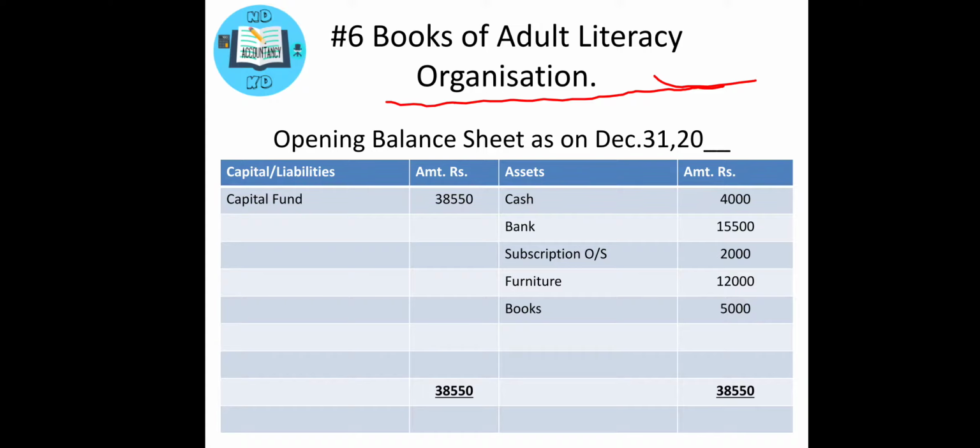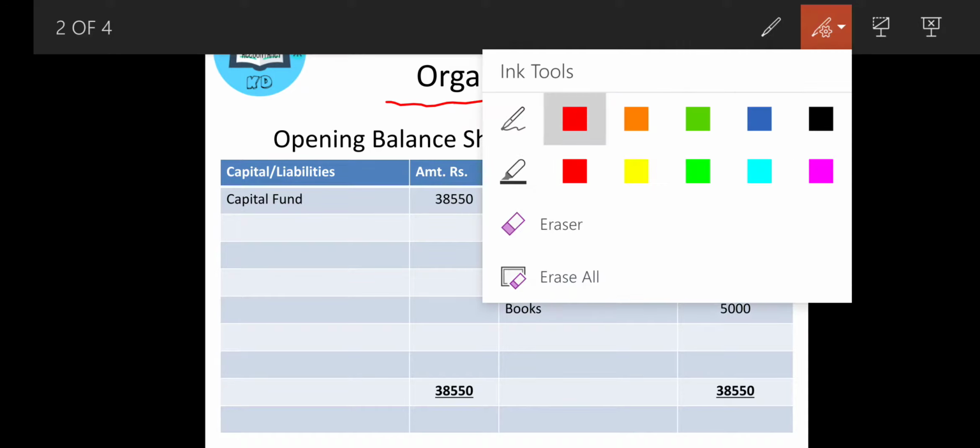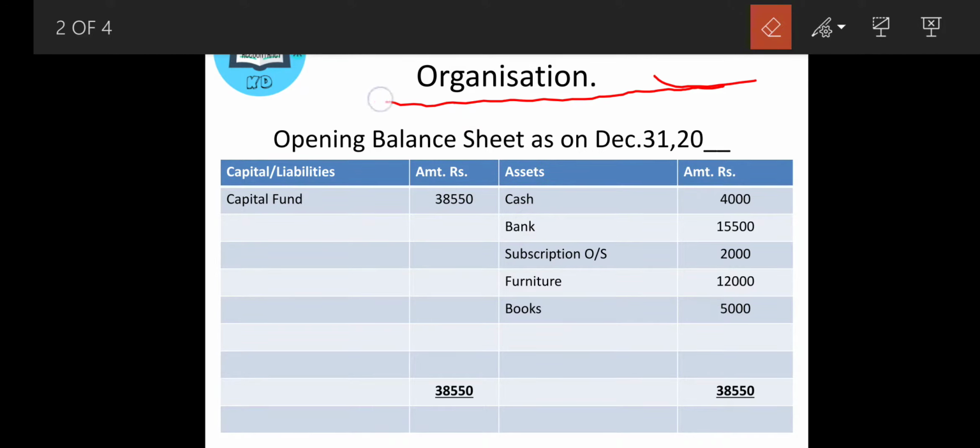So now the first thing we are going to do is, those items which are tick marked, we are not going to touch first. First we are going to transfer all the individual items available in the receipts and payments account to the opening and closing balance sheet, and at the same time to the income and expenditure account.